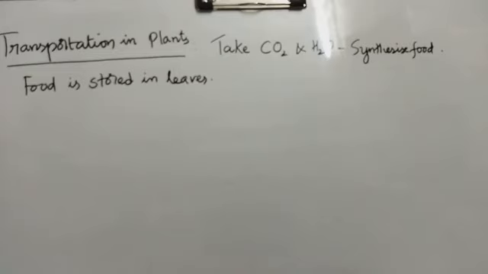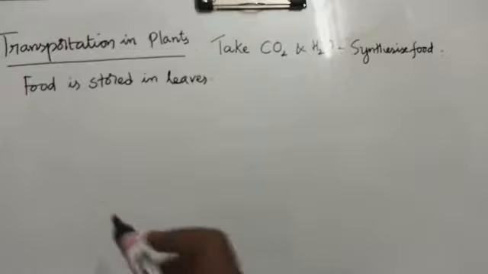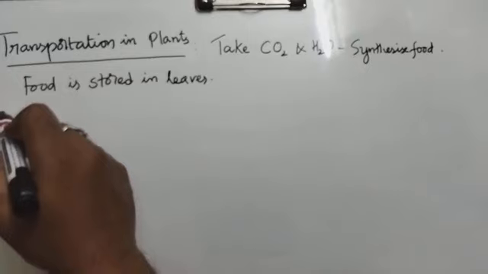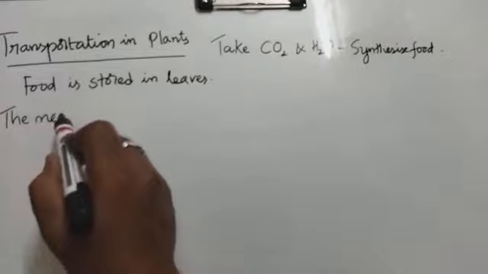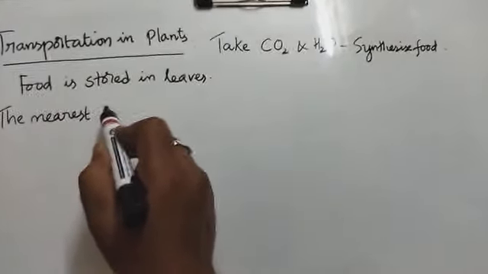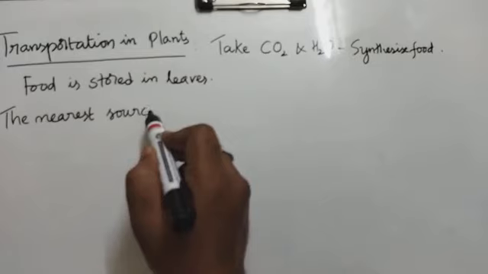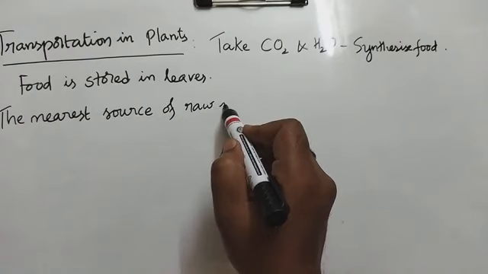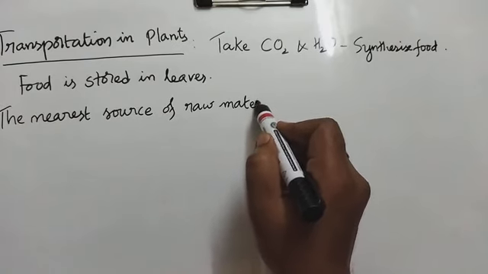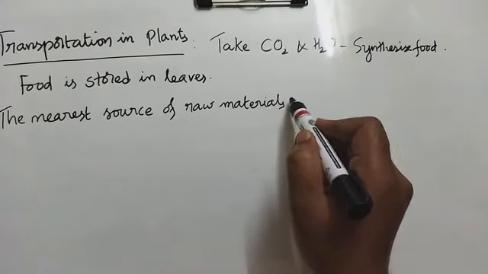So, food is synthesized and stored in the leaves. Raw materials are absorbed from the soil by roots. The nearest source of raw materials is soil.